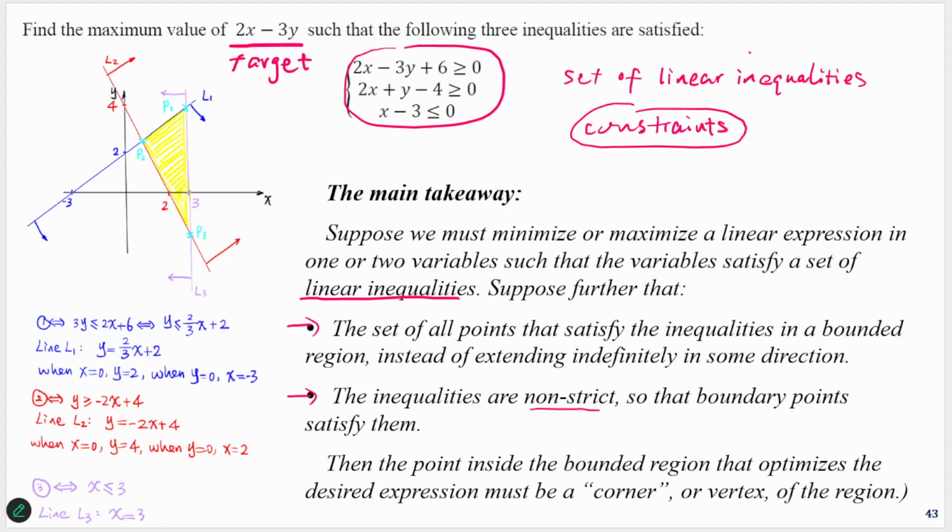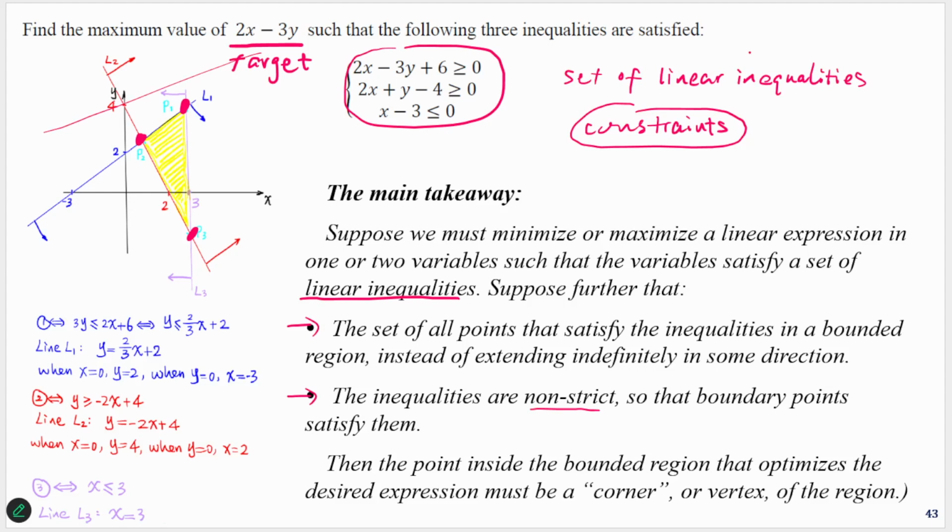Then the point inside the boundary region that optimizes the desired expression must be a corner or a vertex of the region, something like P1, P2, and P3. The reason why this is true, because we have already analyzed the reason, right? Basically, you're trying to move a line up and down and try to find either the maximum or the minimum y-intercept.